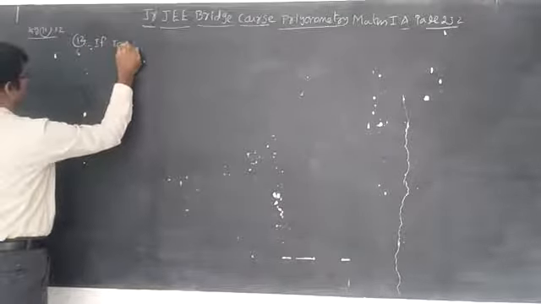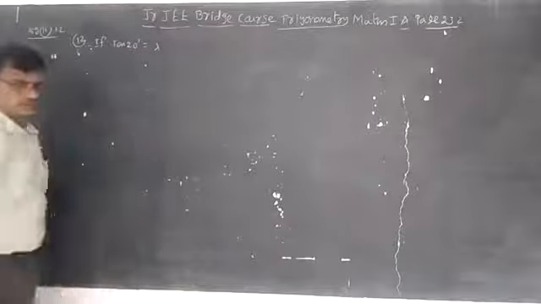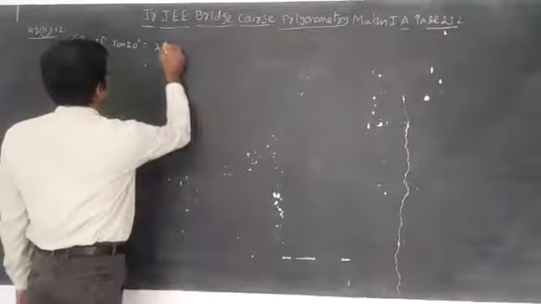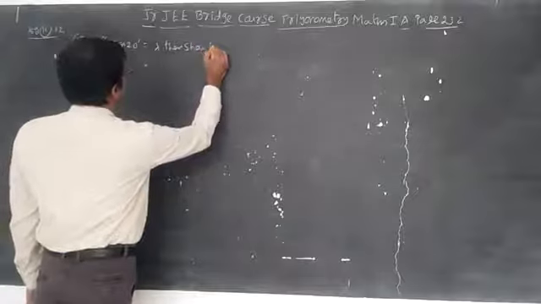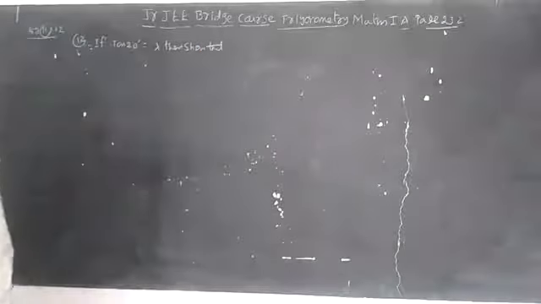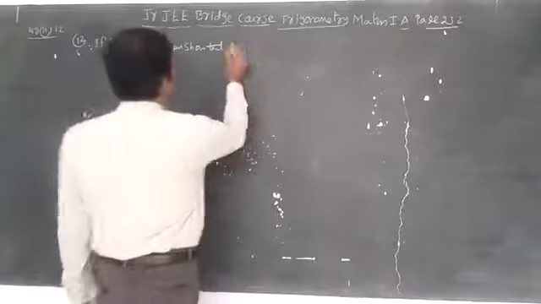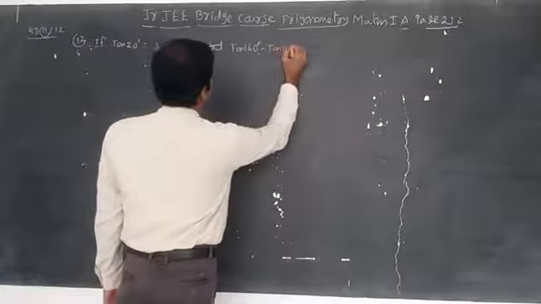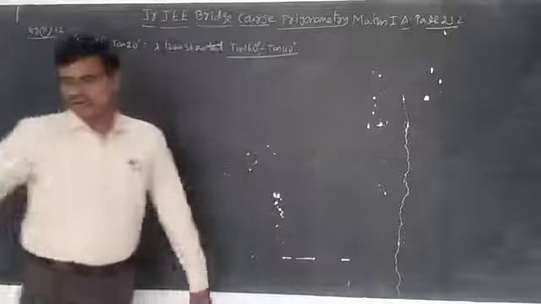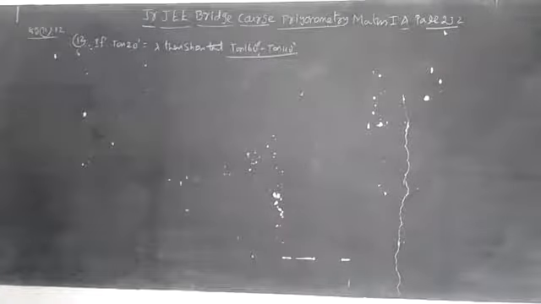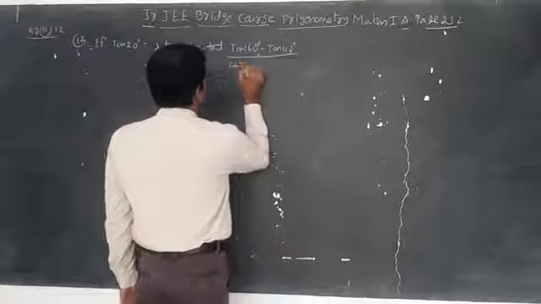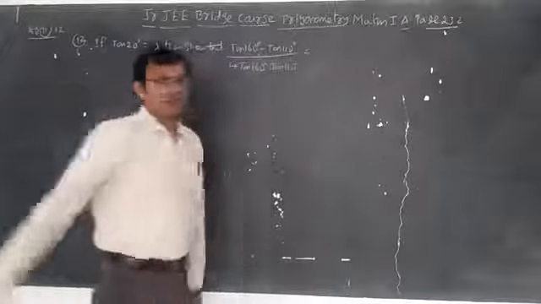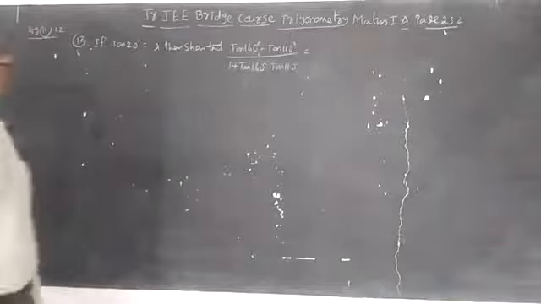If tan 20 degrees is equal to lambda, then show that tan 160 degrees minus tan 110 degrees whole by 1 plus tan 160 into tan 110 is equal to 1 minus lambda square by 2 lambda.